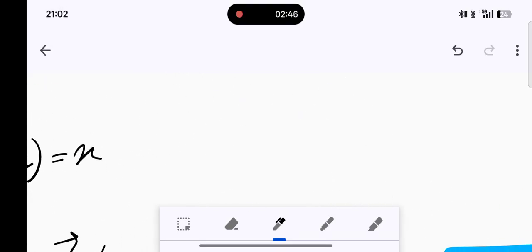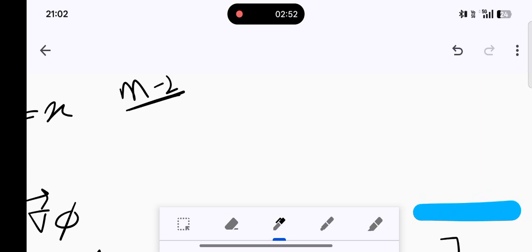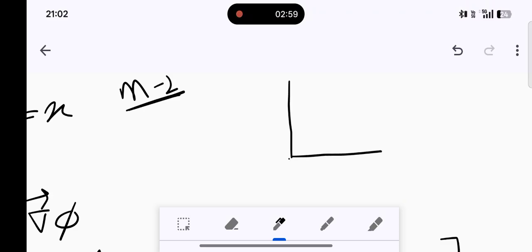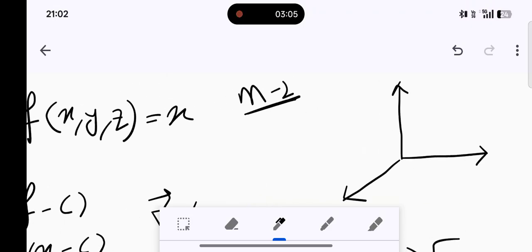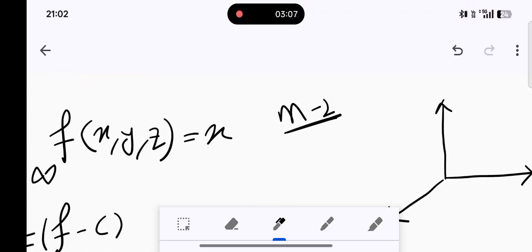Now the second method, method 2. Method 2 says we can operate through graphs. Let's say this is the 3D coordinate system, and this is x equals c. What does it mean?